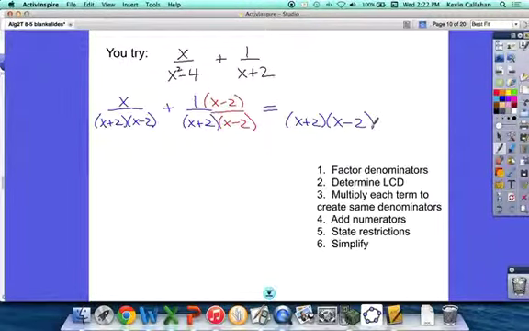What are going to be the restrictions on that? X does not equal 2 or negative 2, right? So that part is x does not equal 2 or negative 2. Then you have to add the numerators: x plus x minus 2, which is 2x minus 2.